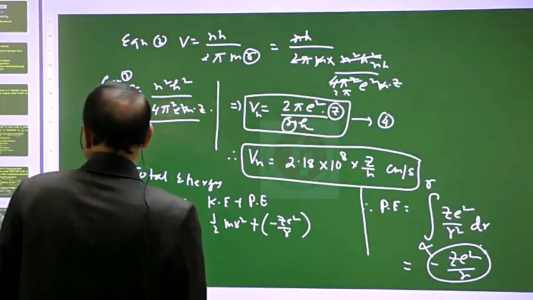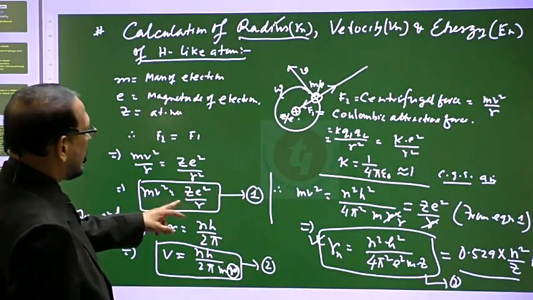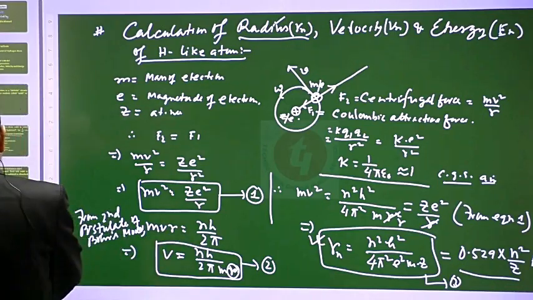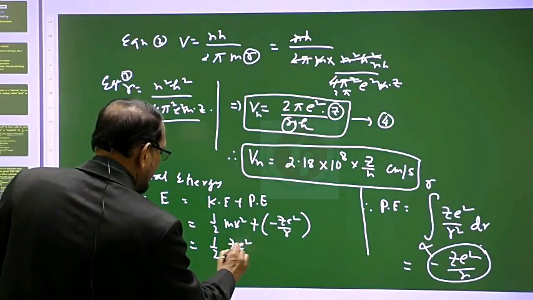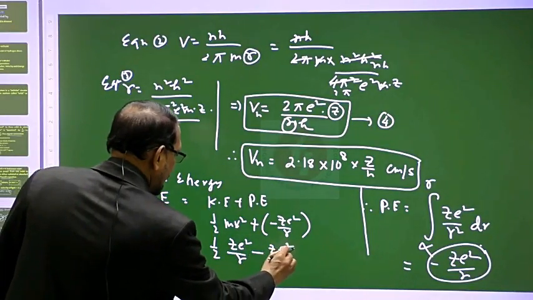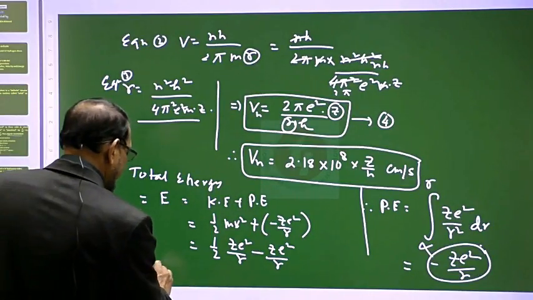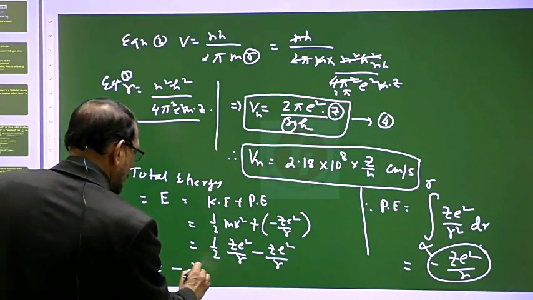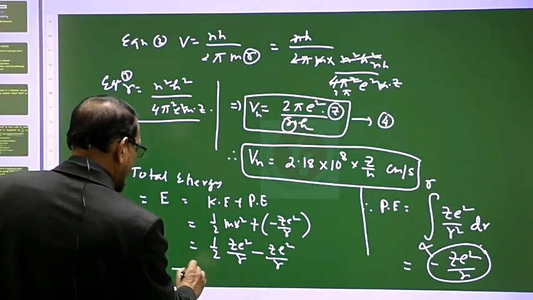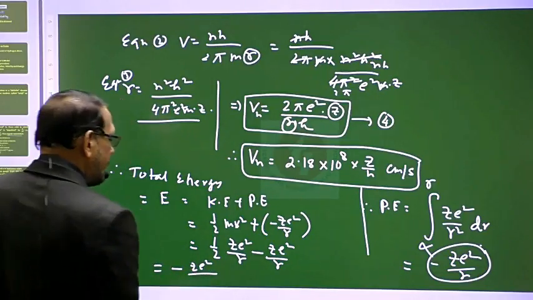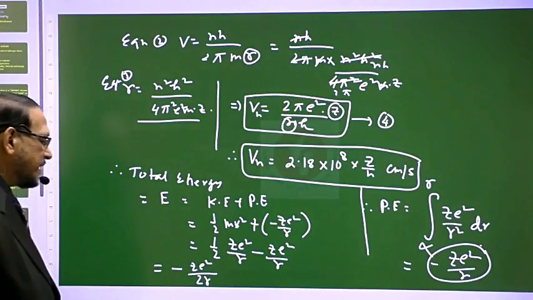Now, mv square, I have told you, is from the first equation. We know that mv square is equal to Z square by R. So putting that value, the energy is half into Z square by R minus Z square by R. So we will get minus Z square by 2R.